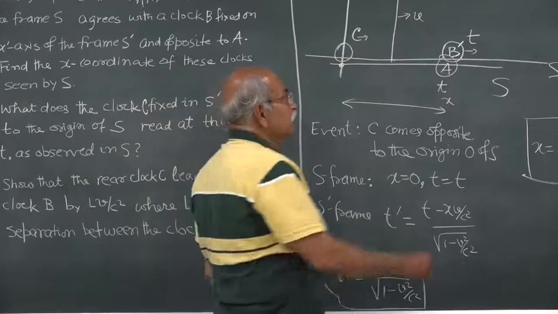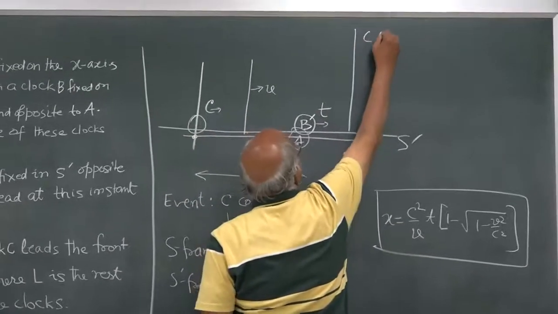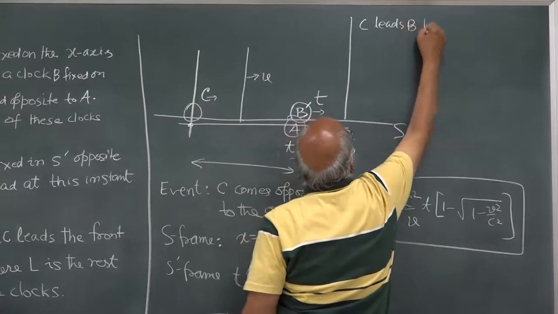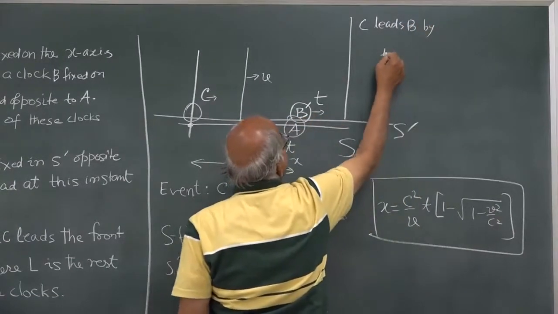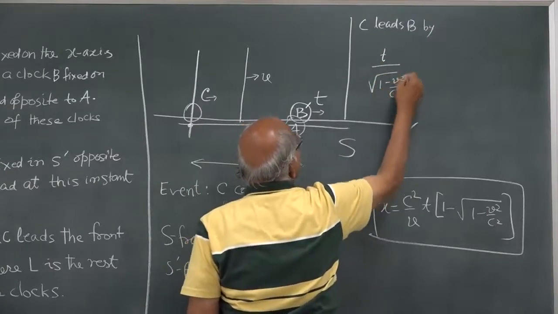So, let me write it here. This C leads B by how much? t divided by square root 1 minus v square by c square, minus t.